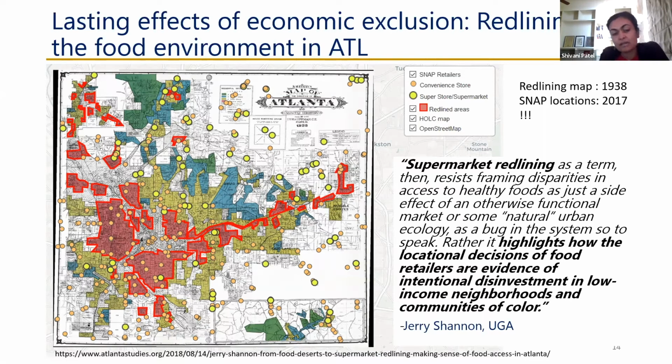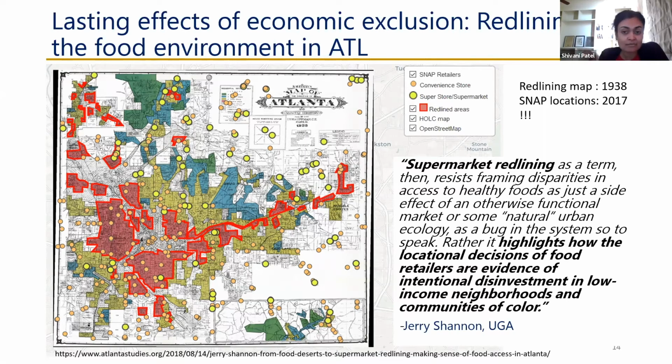And those areas of high risk were really defined by Black race. So this is a very old map of Atlanta, and superimposed on this older map is the location of food outlets that are available to SNAP beneficiaries, so SNAP retailers.